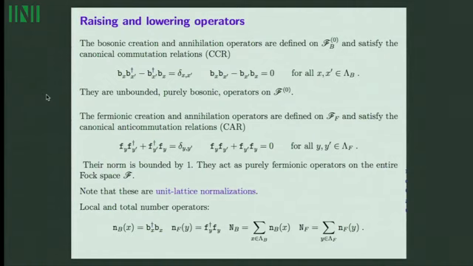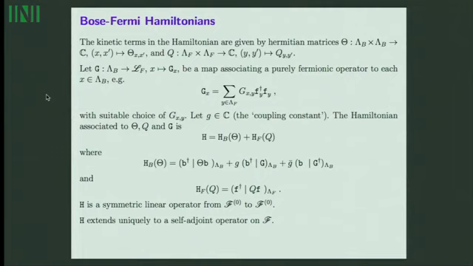quadratic pieces here. And then we define our Hamiltonians now in this setting. So the kinetic terms are just given by basically hopping matrices. The one for the bosons is called theta. The one for the fermions is called Q. I use different sets for bosons and fermions because they can have different internal indices, spins, and so on.